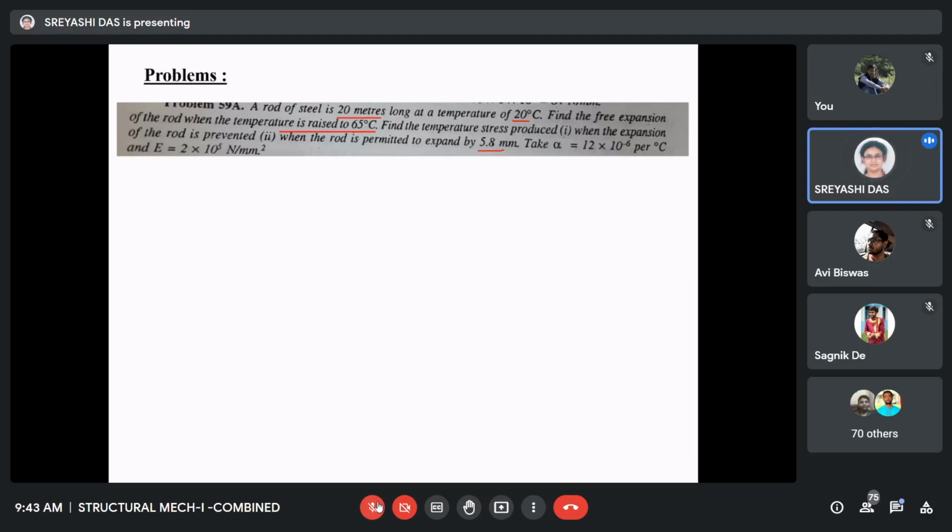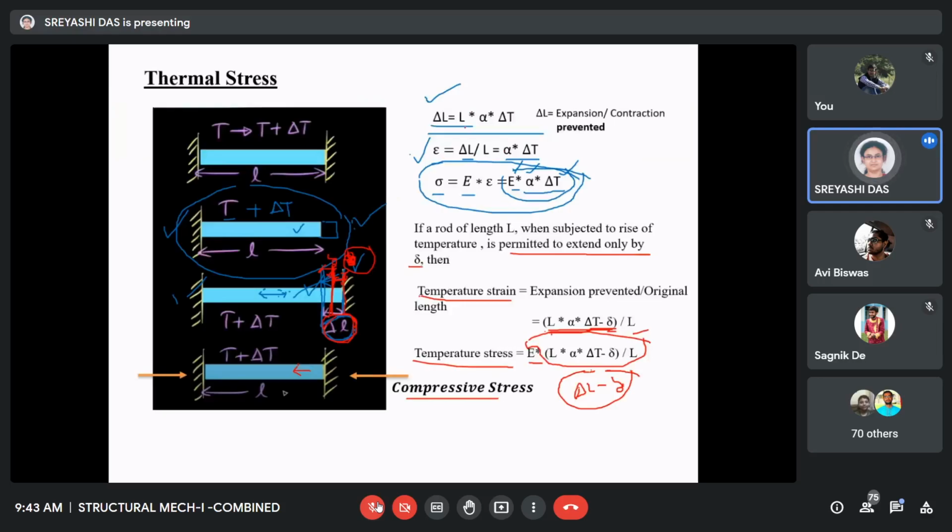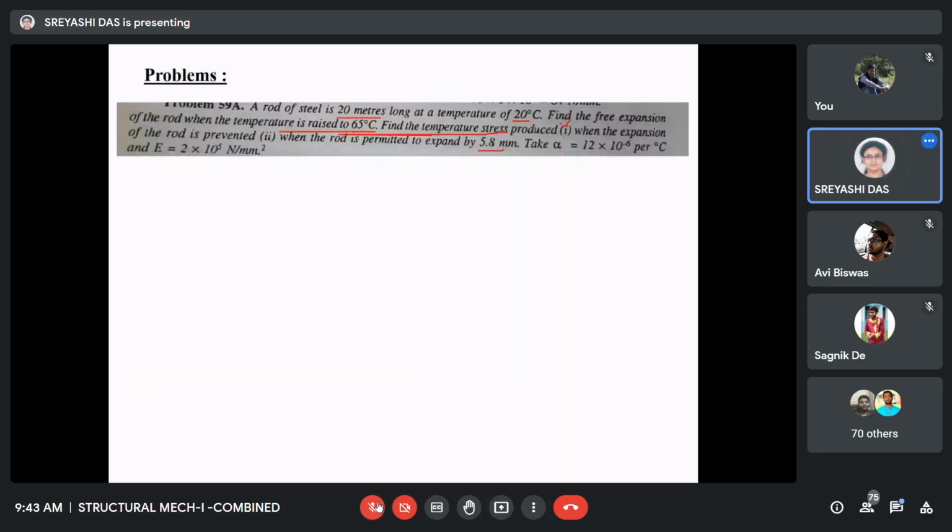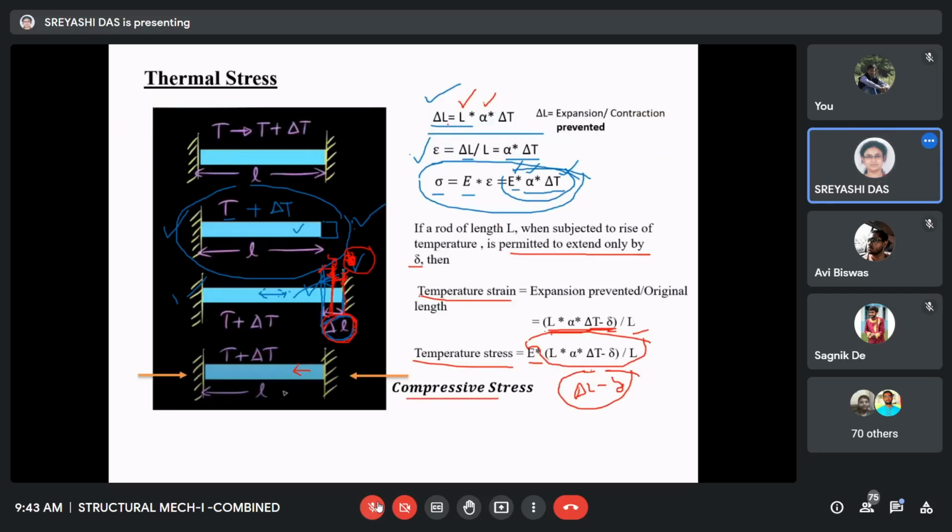So first, let us take case 1, that is when the expansion of the rod is prevented, find the temperature stress. So in the previous case, you see this L is given, 20 meter, and alpha and E values, the material properties, are given. So L you know, alpha you know, delta T you know.